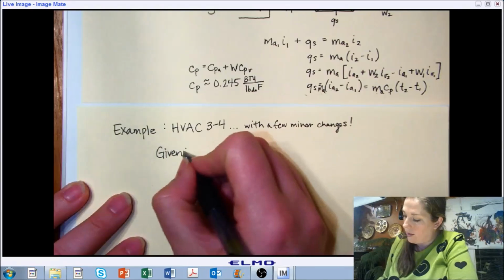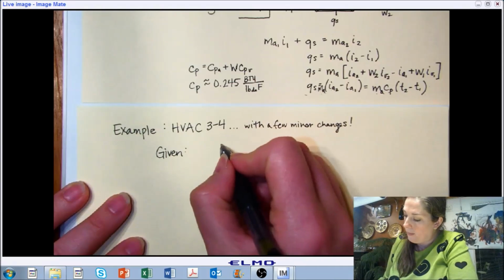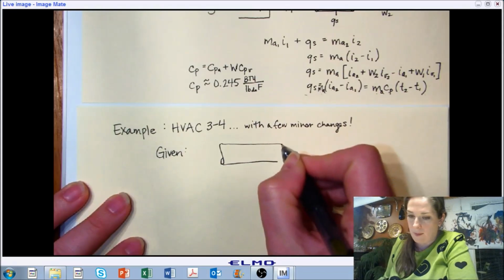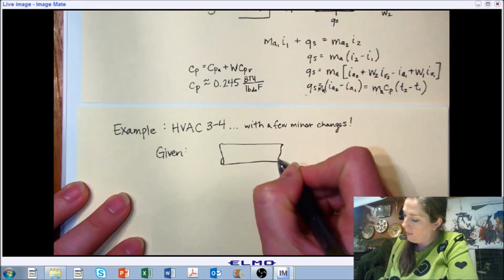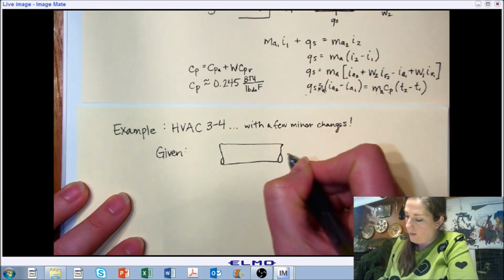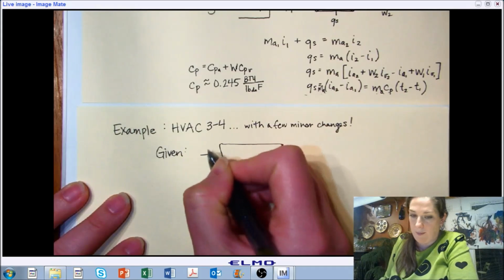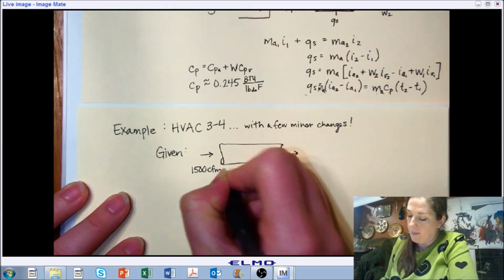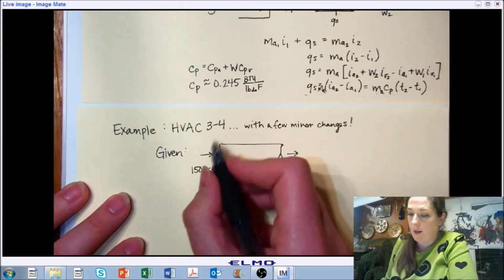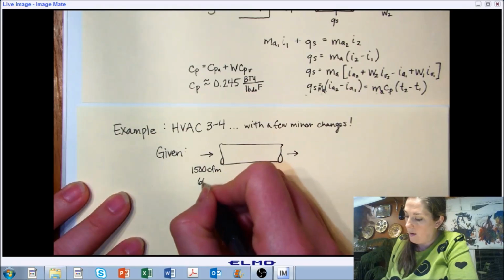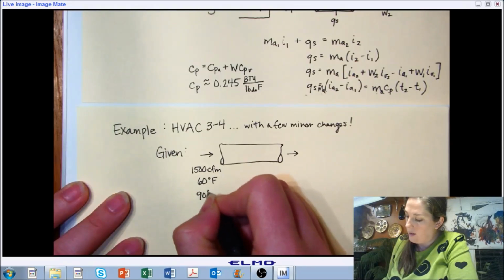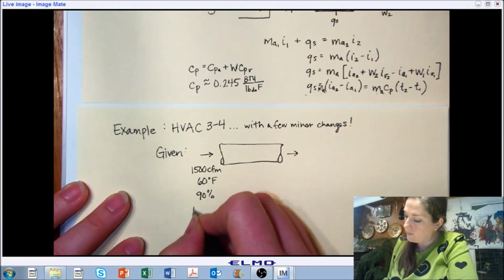Okay, so in this case we're going to be given some airstream that's coming in. We have 1500 CFM of air coming in, that's cubic feet per minute, that's a volume, at 60 degrees Fahrenheit, 90% relative humidity.